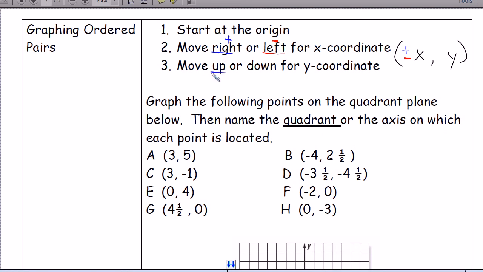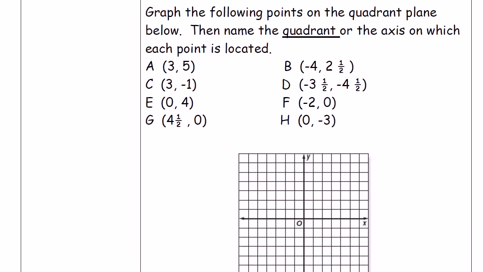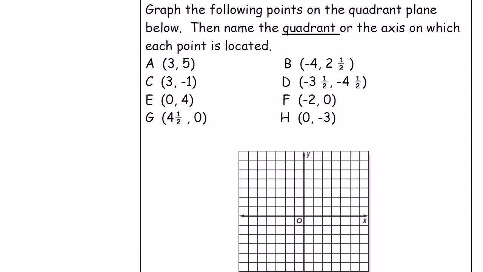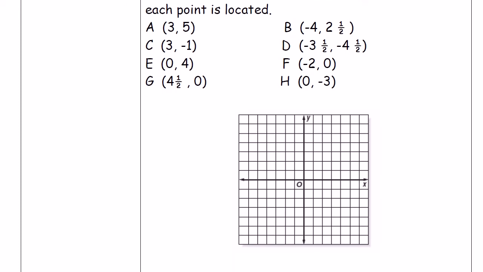If the y coordinate is positive, you're going to move up. But if the y coordinate is a negative number, then you're going to move down. Okay, so let's put that to good use right here. It says graph the following points on the coordinate plane below. Then name the quadrant or the axis on which each point is located.